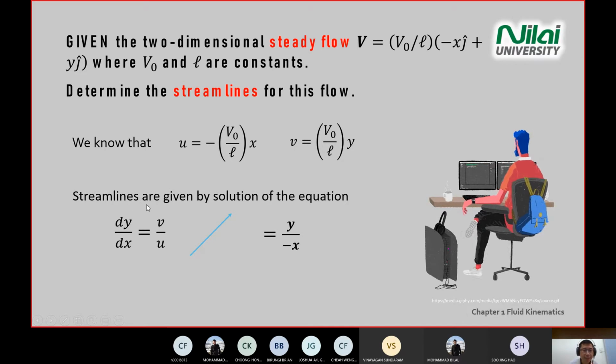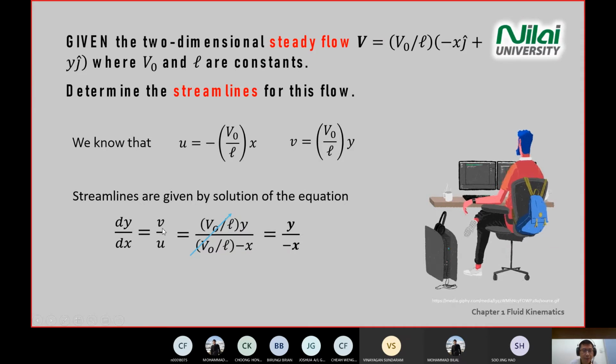So streamlines is given in a solution. You write out dy/dx equal to V divided by U. Just now we already have the U and V in xy terms. Substitute these two equations into this equation.